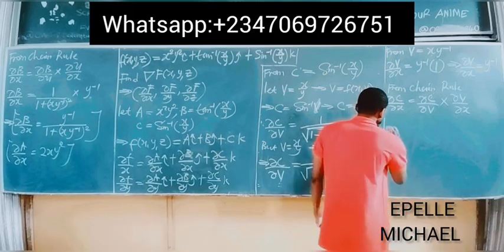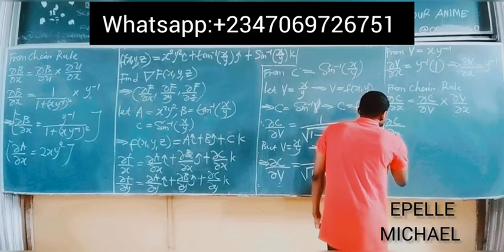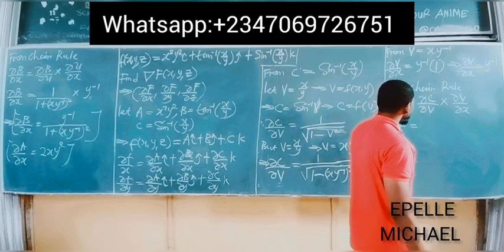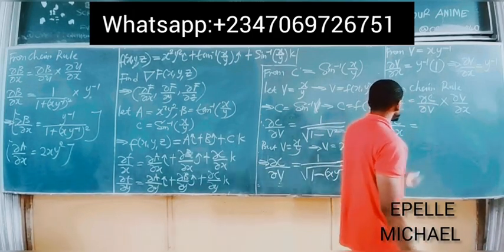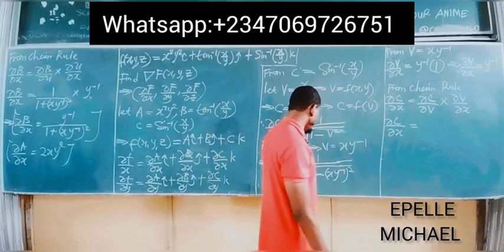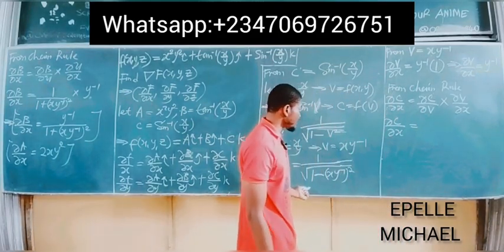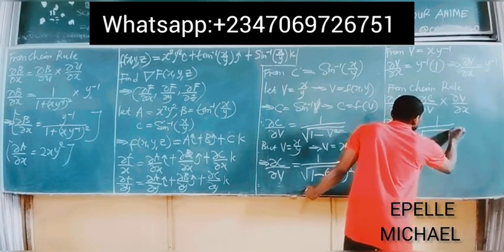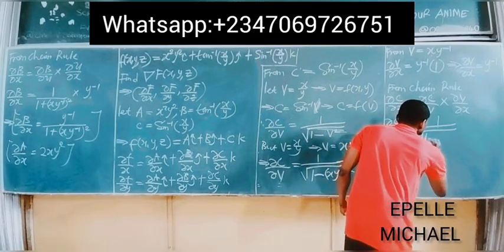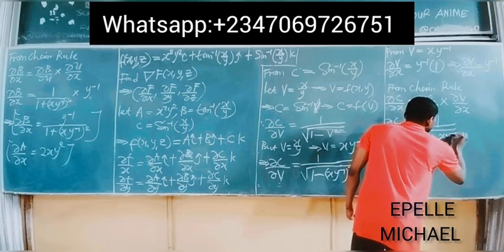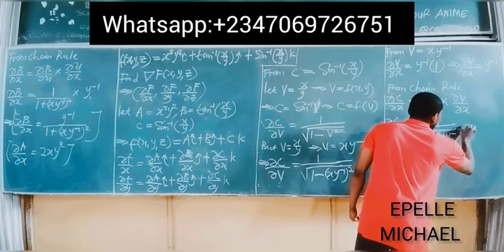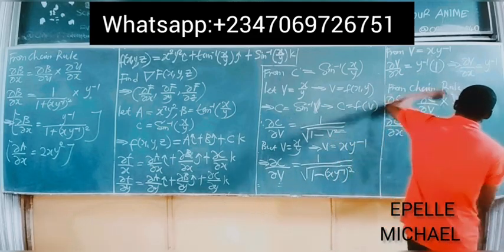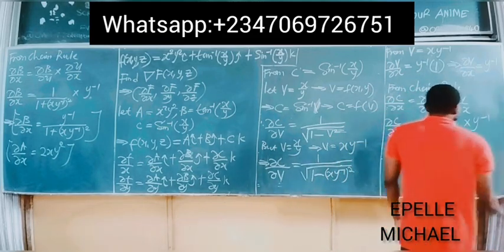Okay, so this means that partial c over partial x is now equal to, I obtain the value for partial c over partial v, and that value is simply this. So partial c partial v is this, 1 all over the square root of 1 minus x y to the power of minus 1 all squared, okay, multiplied by partial v partial x, and that gives us simply y to the power of minus 1.